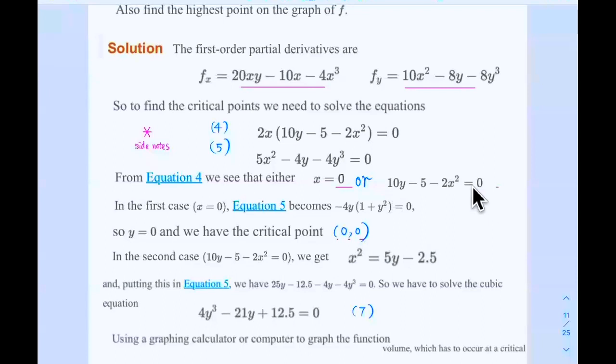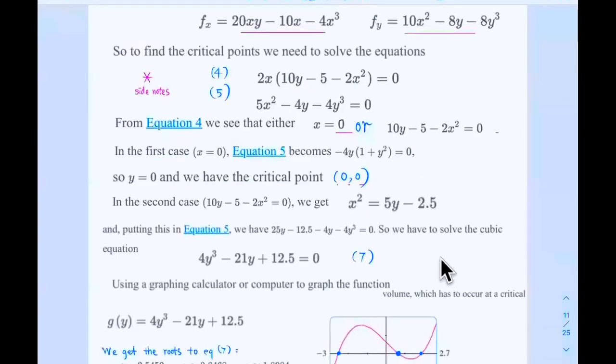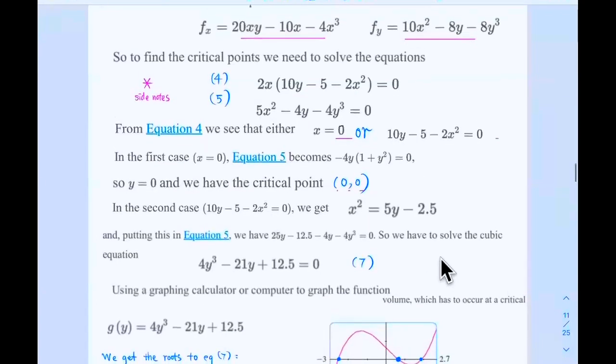Now let's consider the other case, when 10y minus 5 minus 4x squared equals 0. And now we can isolate x squared. So x squared is 5y minus 2.5. All right.